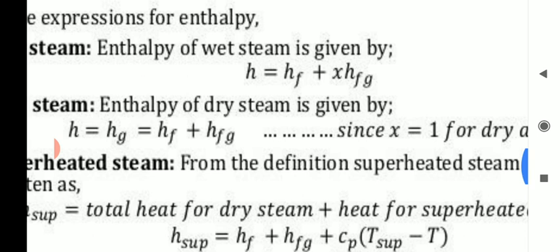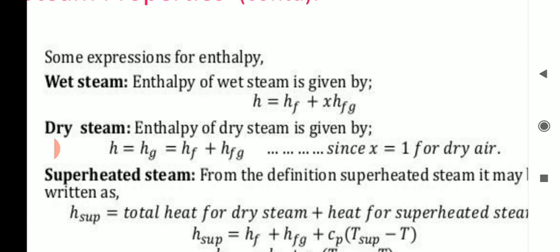That means, if we take any point between the line B and C, what is the enthalpy of that wet steam? It is Hf, the sensible heat, plus some fraction of latent heat, given by x into Hfg, where x is the dryness fraction.